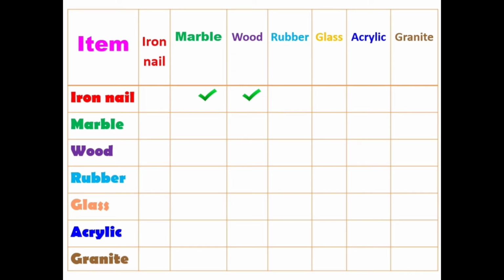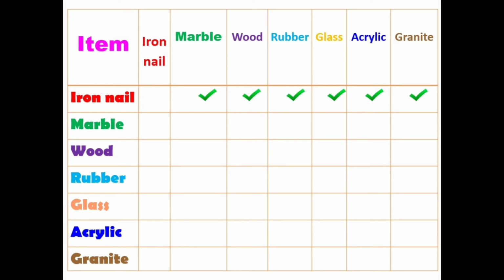Do you think you can see any scratch or marks on the rubber? Yes. Iron nail to glass. Right. Iron nail into acrylic. Correct. So let's use the iron nail to scratch the granite. Do you think there is a mark on the granite? Correct.